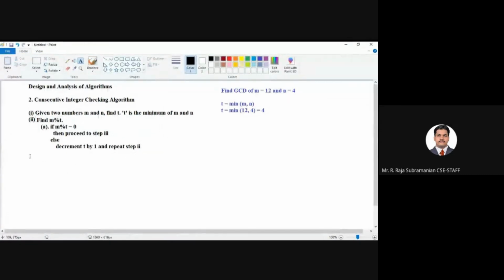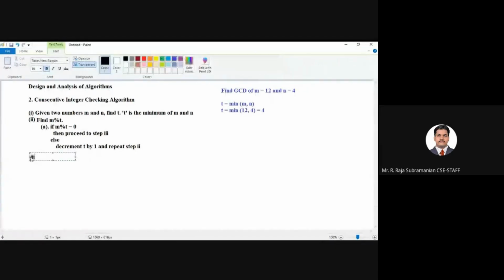I'll write step 3 also, so that this point will be clear. Because this particular problem is very simple, this will be satisfied. Step 3: find n modulo t. Here also a sub point is there.